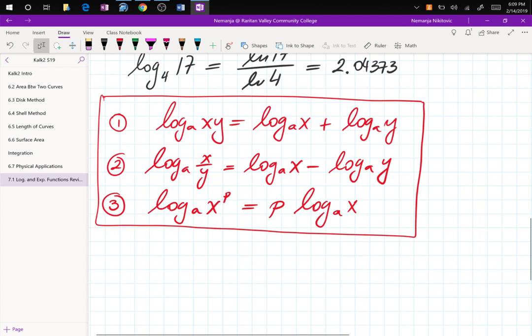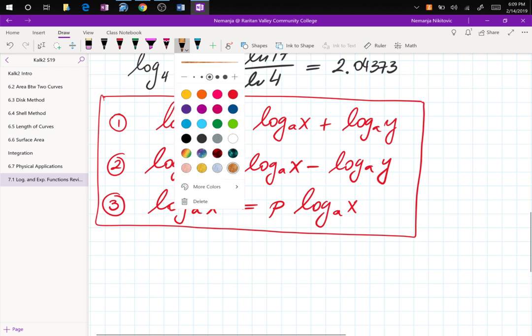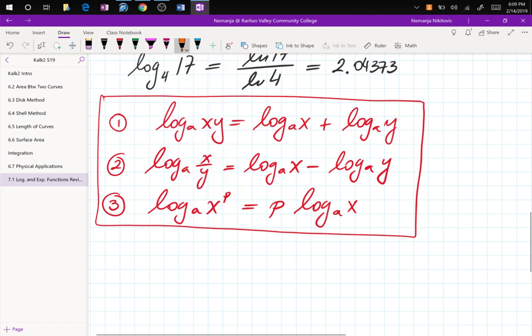So those are the cool formulas. What else can we write? Let's see. Oh, log of any base of 1 is equal to 0, and log A of A is equal to 1.